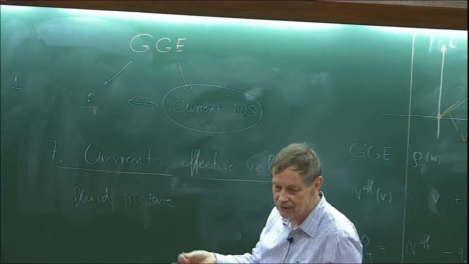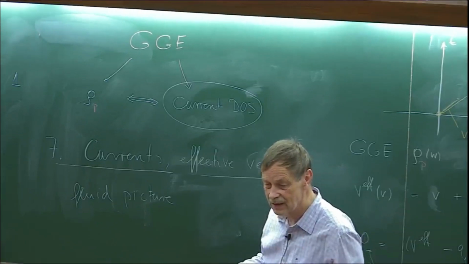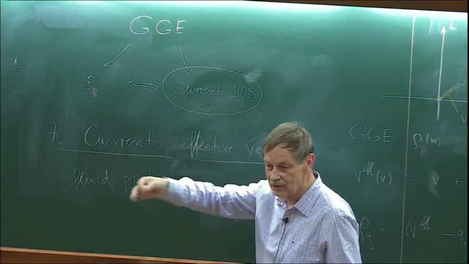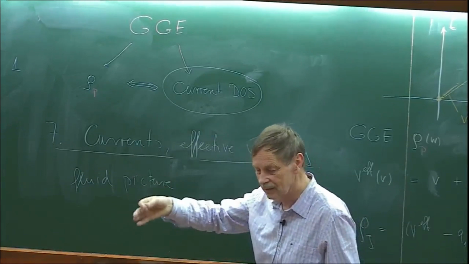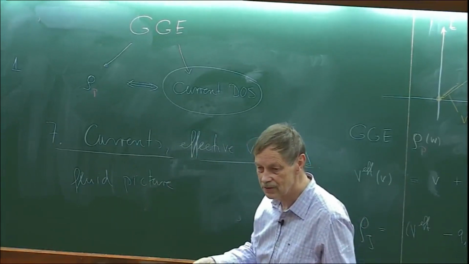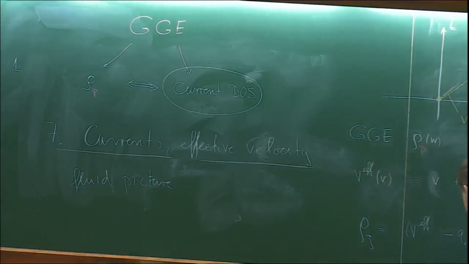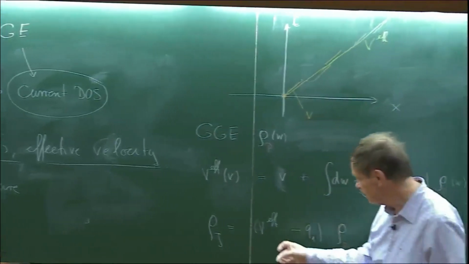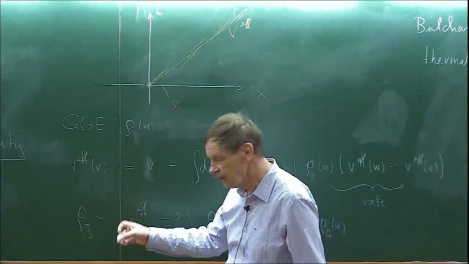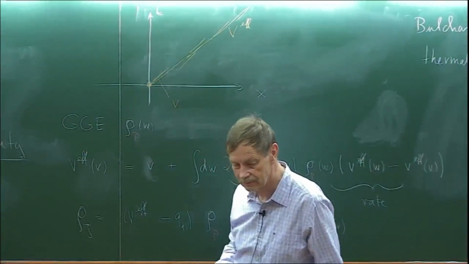And of course, in some sense they're identical. It's the same thing, I'm just looking from two slightly different points of view. So there must be a relationship, but you have to think a little bit about it. And when you think about it carefully, you see that it will be this kind of relationship, right? So this minus Q1 comes from going from the fluid to the lattice.